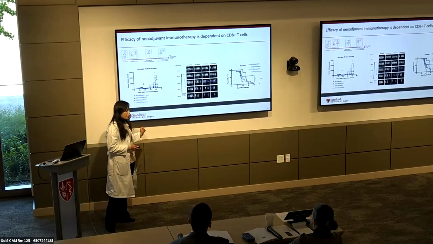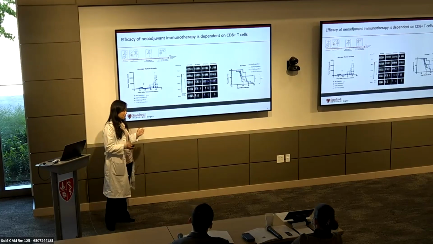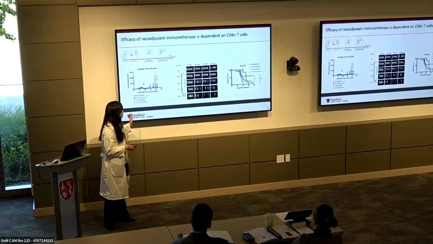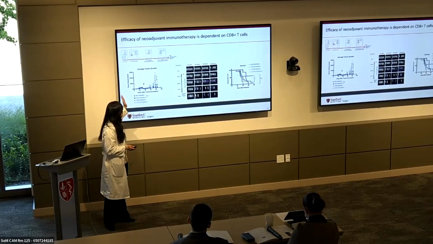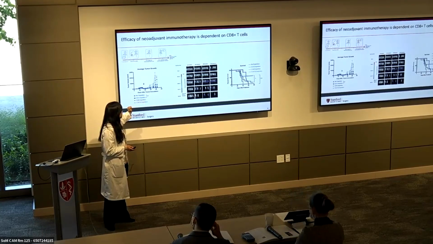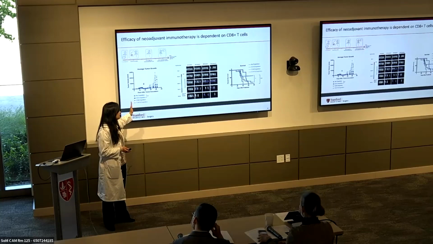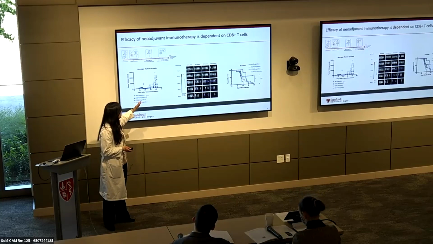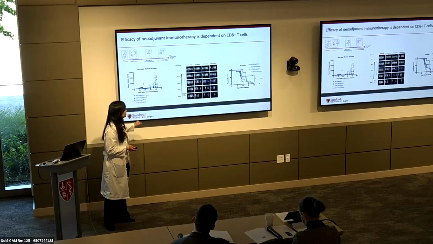So even though the mice had received, these are all the same mice, received the same tumor injections, even though they had all received the same treatment, the mice that had T cell depletion had recurrence, whereas the mice that had no T cell depletion had the lowest local tumor recurrence.